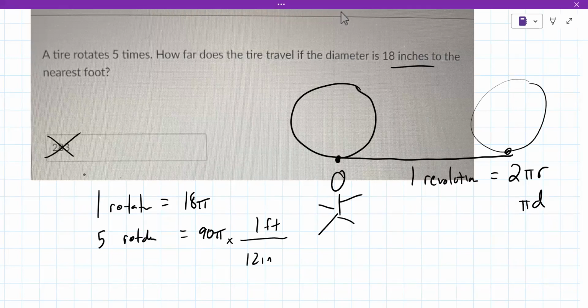You're dividing by 12. 1 rotation is 18 pi, 5 rotations, 18 times 5 is 90 pi. And then you have to divide that by 12 because your 90 pi is really in inches, and you want your answer in feet.